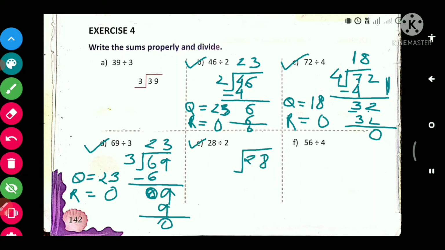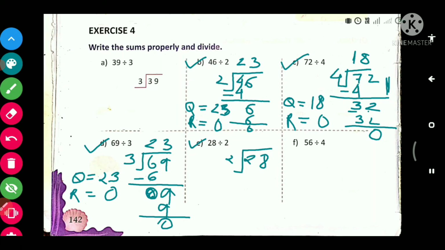Okay, now see E part. 28 is there and we have to divide it by 2. So we'll see the tens place value. So 2 is there, which is equal to the divisor. If a number is equal to the divisor, then we'll take only that number. We'll not include two numbers. So we'll see the multiplication table of 2.